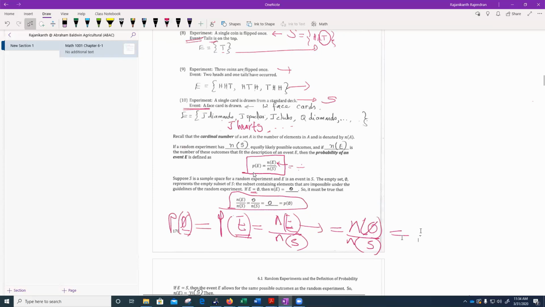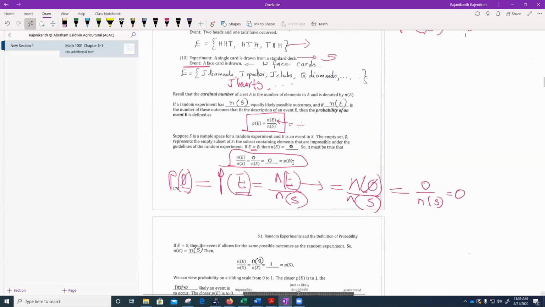Zero. Because empty set means nothing, right? You will not find anything inside. So that means n of empty is just zero over n(S). Zero over anything is zero. Therefore, the empty set always has zero probability. Okay? So the important result: the probability of the empty set is always zero.